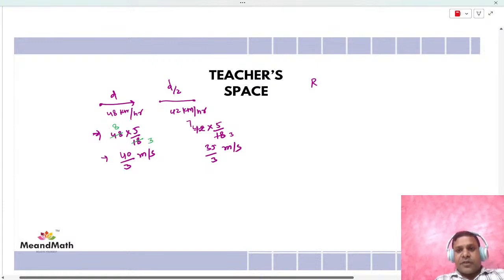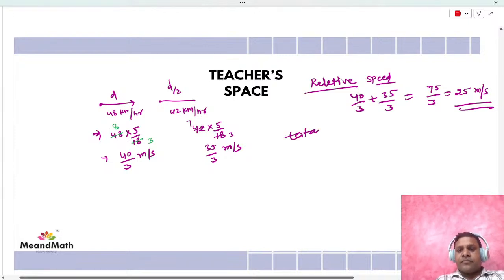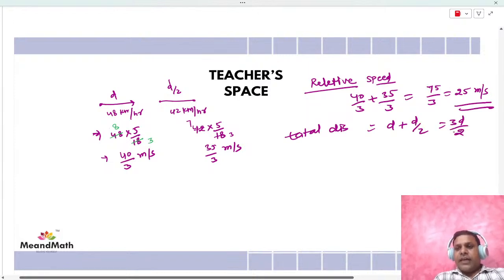Now relative speed, because they are in opposite direction, so 40/3 plus 35/3, so totally 75/3 is equal to 25 meter per second. This is the relative speed. And total distance is equal to d plus d/2, 3d/2, and time 12 seconds.